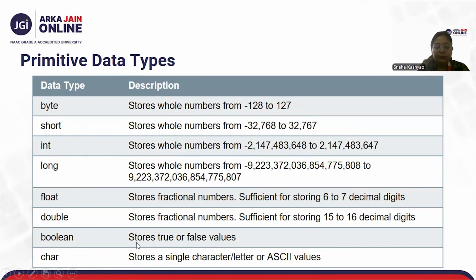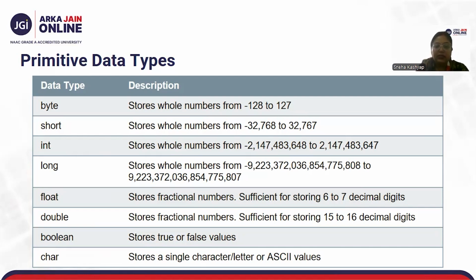Next is boolean. Boolean deals with true and false. When I say true and false, I simply mean that suppose I say I'll go to the market today. If I'm going to the market today, it will simply print 1. And if I don't go to the market, the given statement is proved wrong, so it will print 0.